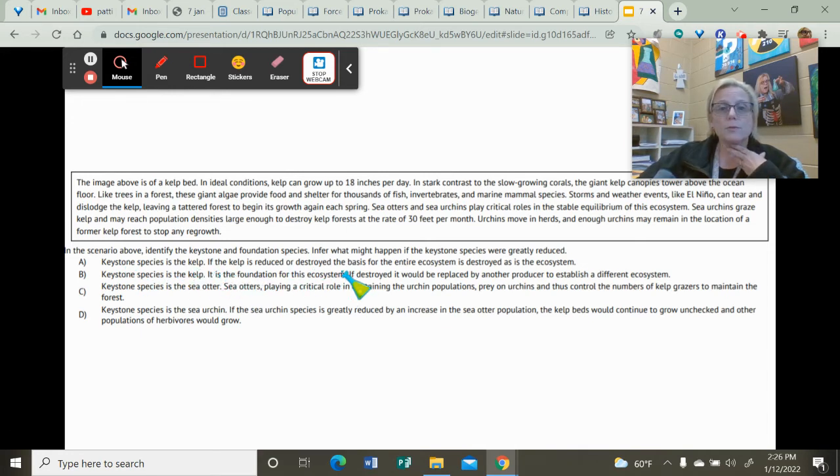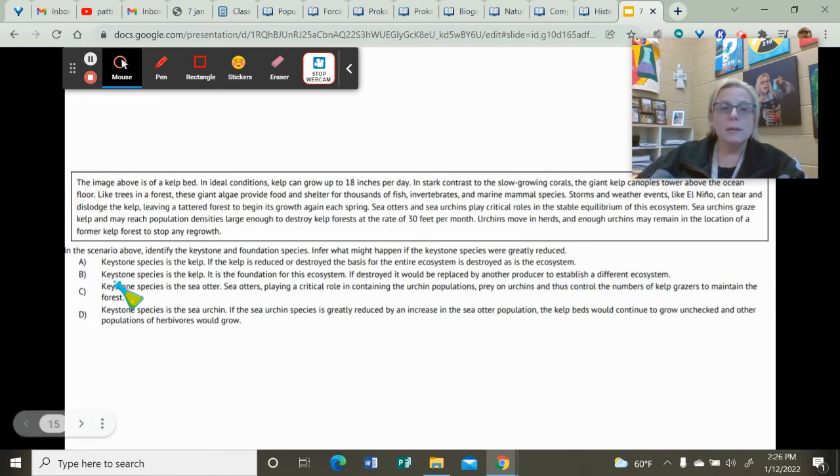If the kelp is reduced or destroyed, the basis for the entire ecosystem is destroyed, as is the ecosystem. And that does make some sense. Let's keep on reading. Keystone species is the kelp. It is the foundation for this ecosystem. If destroyed, it would be replaced by another producer to establish a different ecosystem.